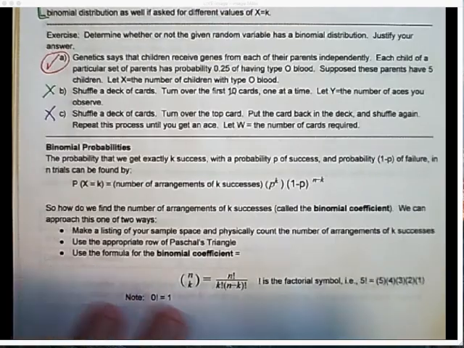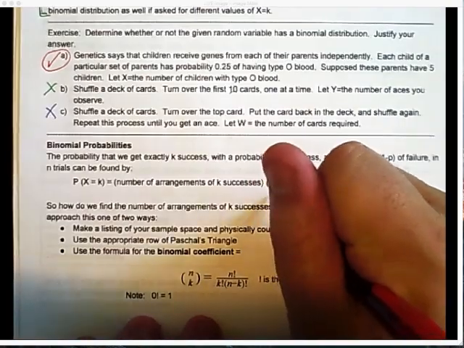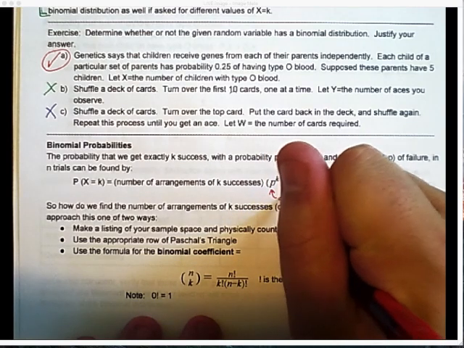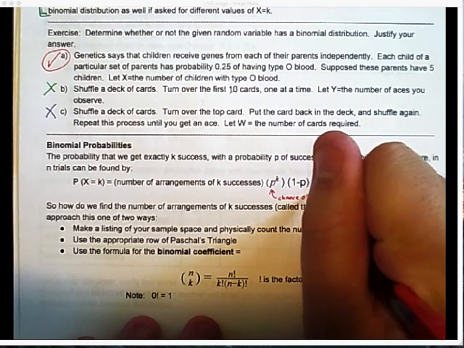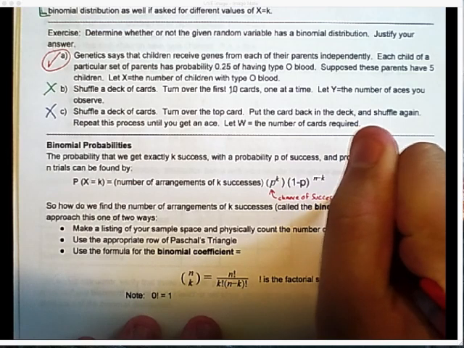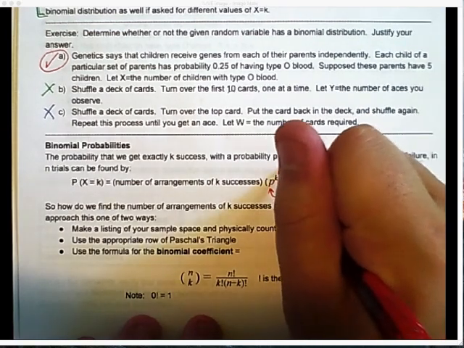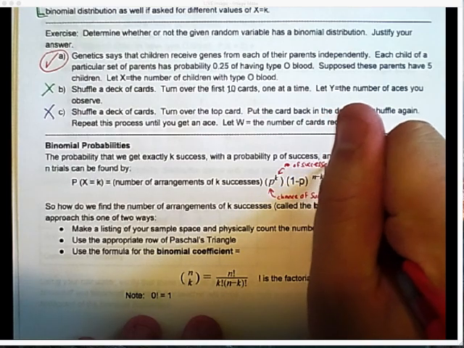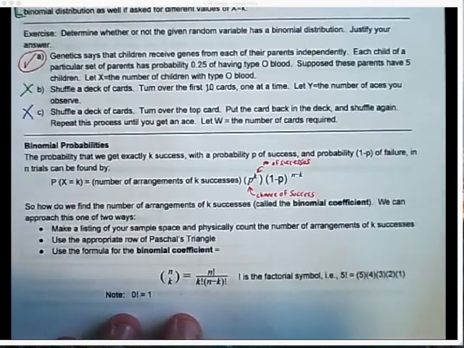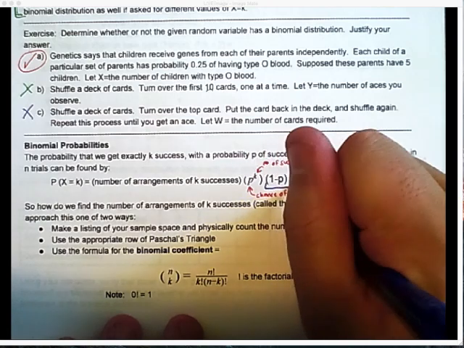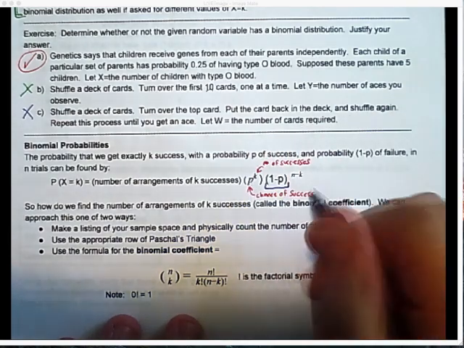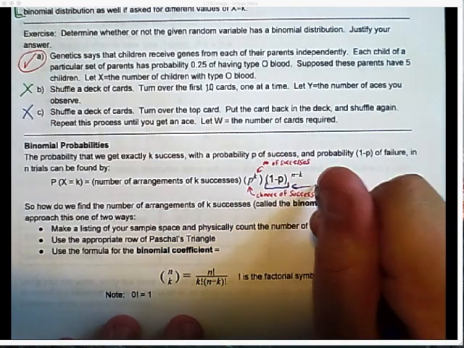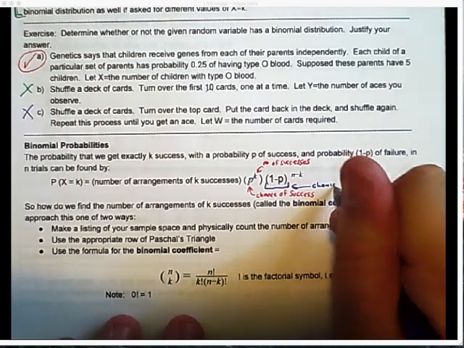So let's break it down. This P is the chance of success, and the K is the number of successes. This 1 minus P, if P is the chance of success, 1 minus P would be the chance of failure.